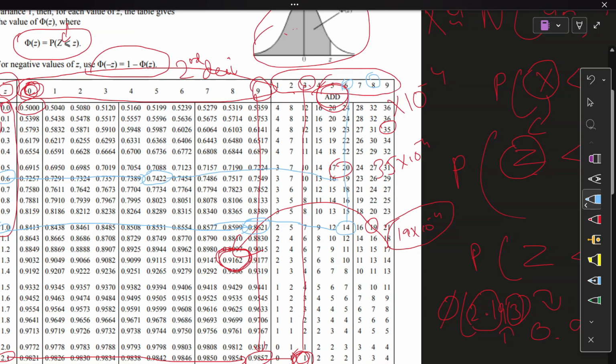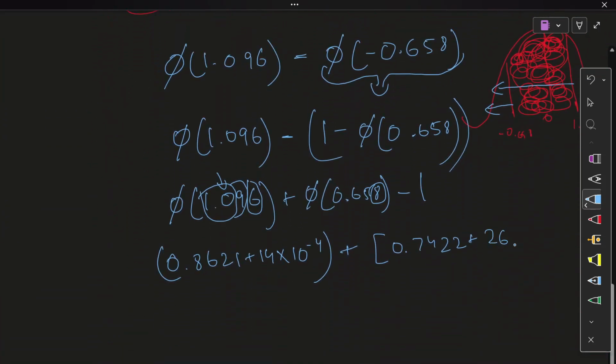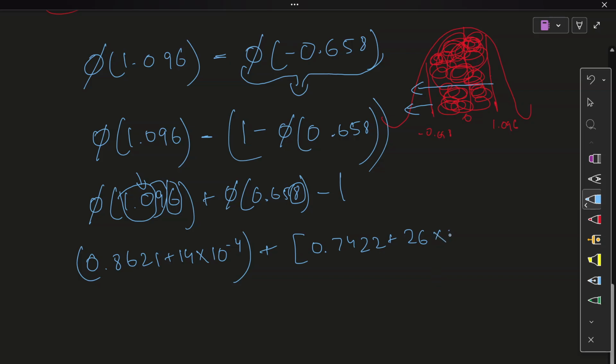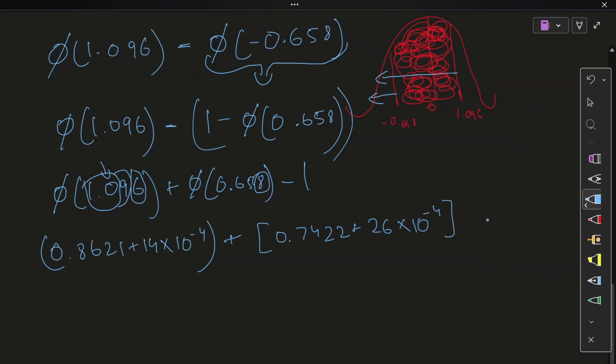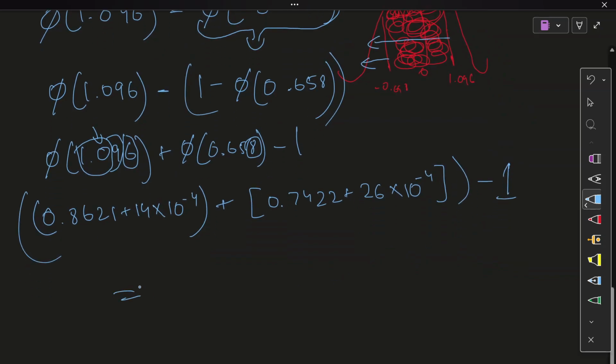What coincides with this? 26 coincides, so I can simply do that. 26, but it is already in a specific form, which is into 10 to the power minus 4. So we have that, and then when we find both these, add them together and subtract from 1, and then you get your final answer, which will be, let me get you that. Okay, so our final probability is 0.6083, and that is our final answer.